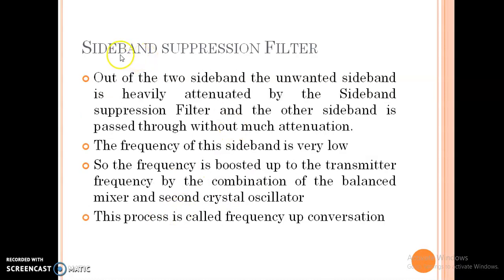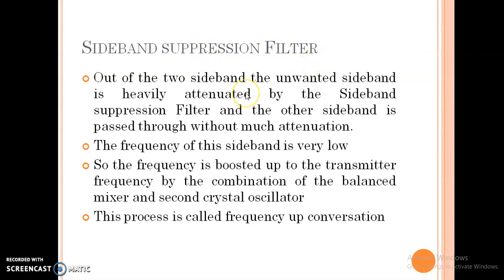Okay, now we have to suppress the one sideband. So out of the two sidebands, the unwanted sideband is heavily attenuated in the sideband suppression filter, and the other sideband is passed through without much attenuation. In simple words, what is the basic function of the suppression filter?